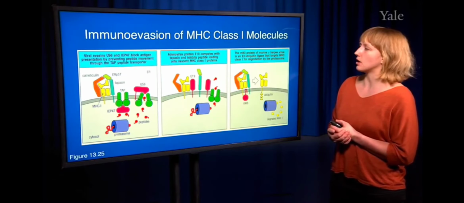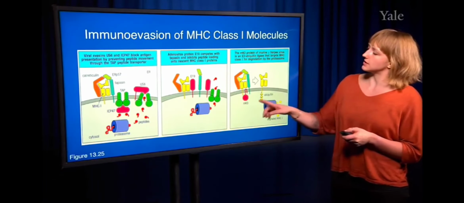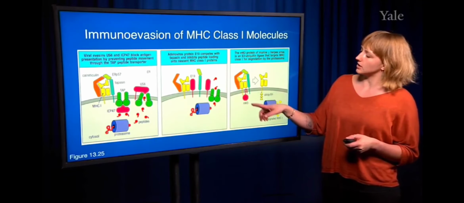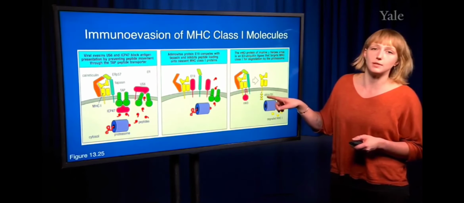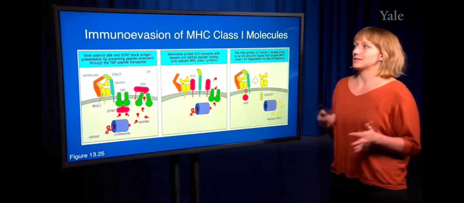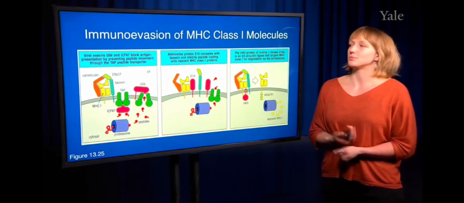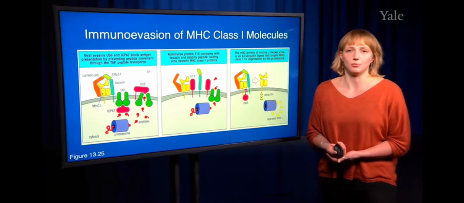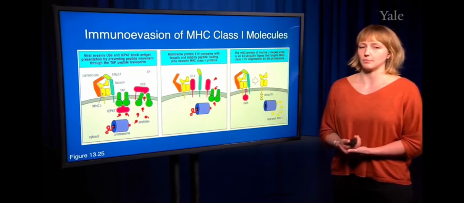So you can see here that MK3 will add ubiquitin to the MHC class 1 molecule, which leads to their degradation. So this is a lot of different mechanisms for preventing MHC class 1 molecules from being expressed or from expressing viral proteins on their surface.